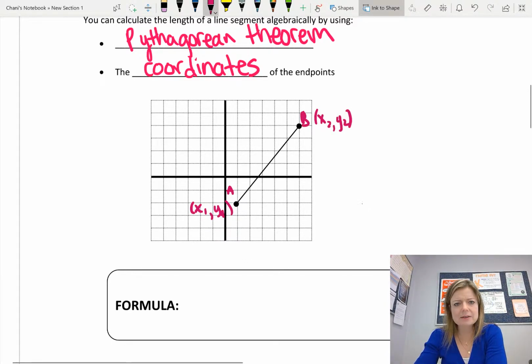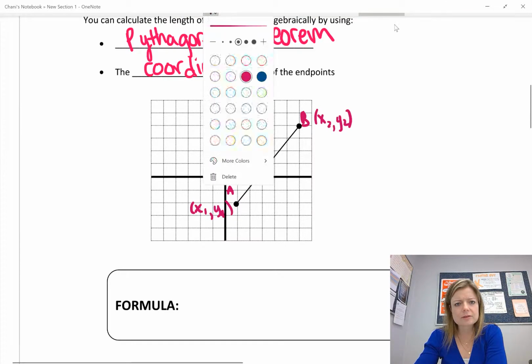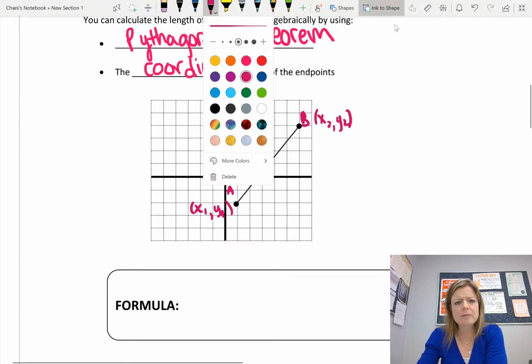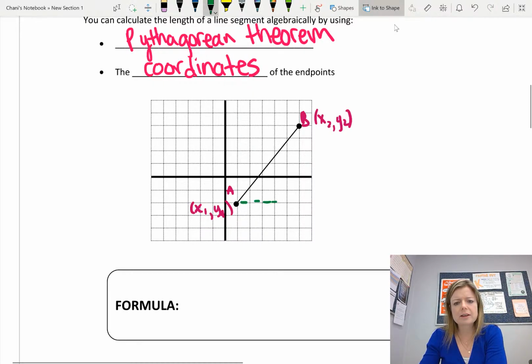Remember that the run is just equal to whatever this x value is minus whatever the first x value was. So x2 minus x1 represents the run.